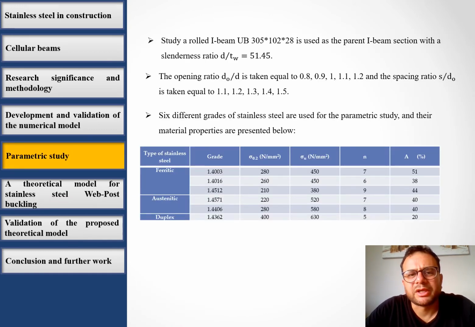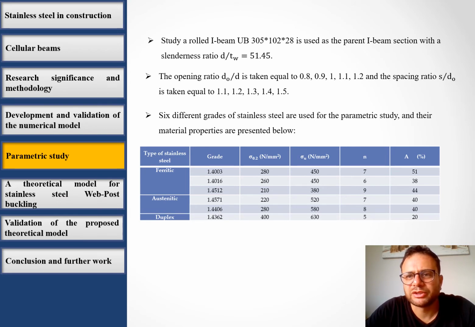In the parametric study we use the hot rolled I-beam section UB 305x102x28 as a parent I-section, and from that section we created a number of stainless steel sections which have a D0 over D ratio between 0.8 and 1.2, where D0 is the opening diameter and D is the height of the cellular parent beam.